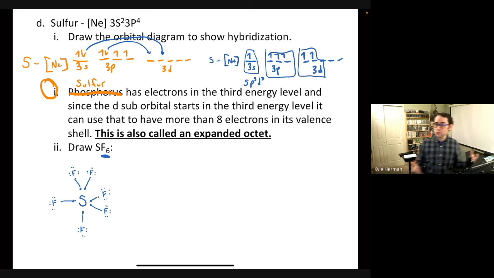Then this would have its own shape and name and all that kind of stuff as well. But again, this year, we're not going to focus on that. I just want to show you that it's possible to do this expanded octet.